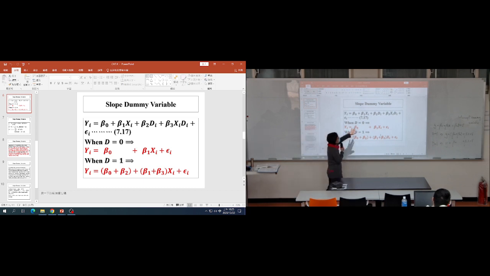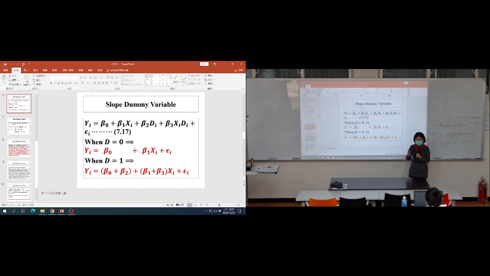So it really explores or reflects the situations in reality. If I have just this one, this is just some part of the story. If I add one more term, which is the interaction with the included x variable, why do I have to do this?